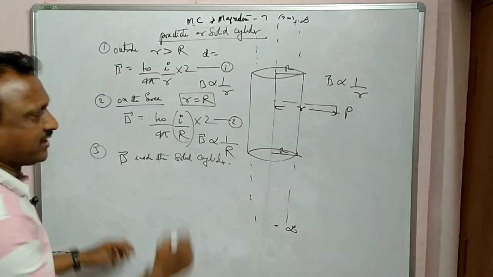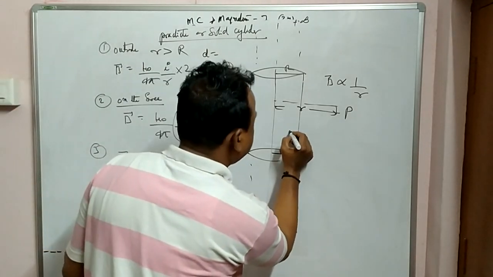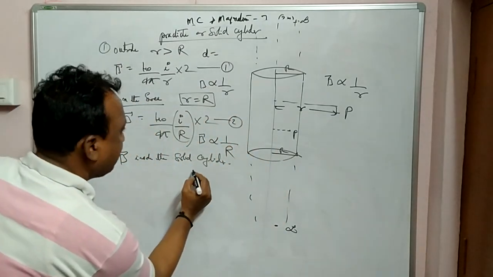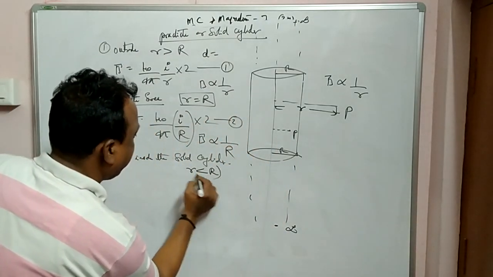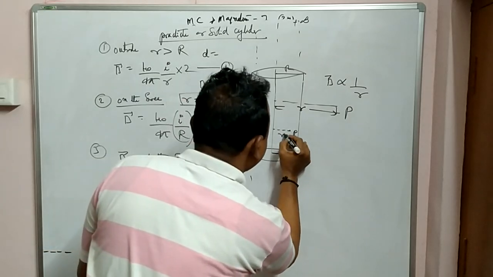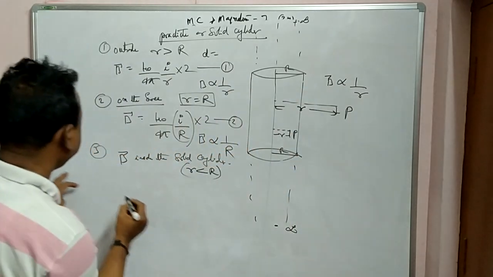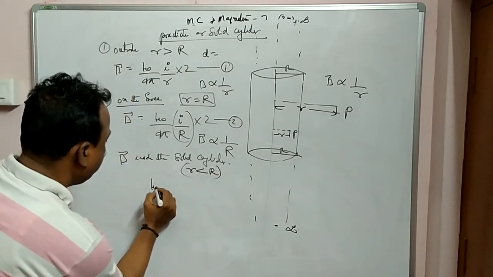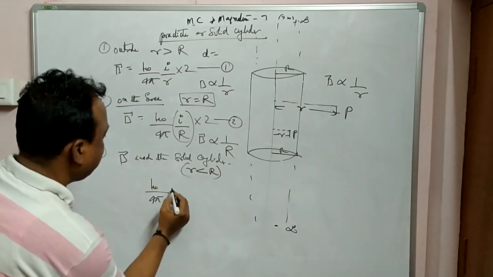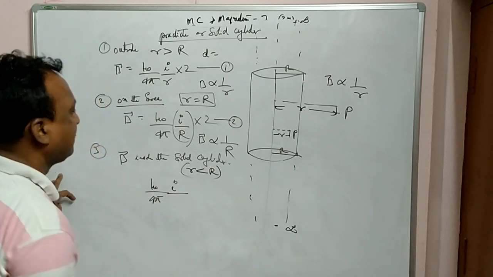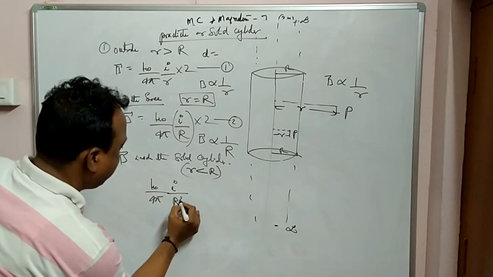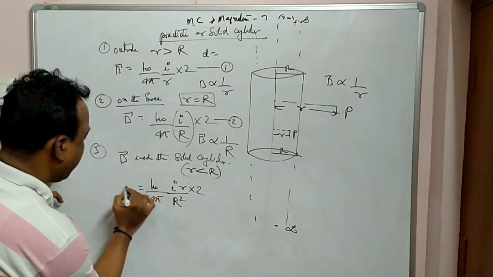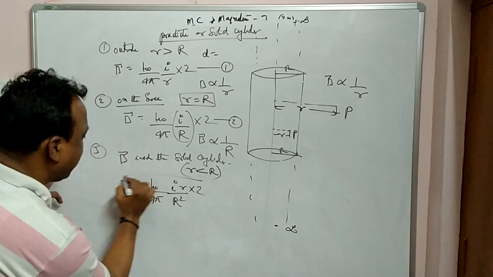Somewhere inside, let us take our point P. Inside, small r is less than capital R. For the inside case of a solid cylinder, you have to remember the formula: mu naught by 4 pi, I by capital R square into small r into 2. This is the formula for inside for a solid cylinder.